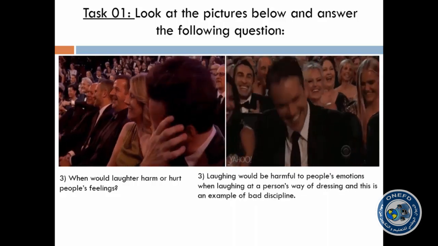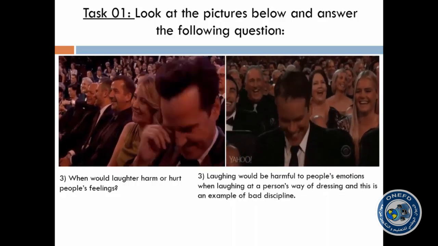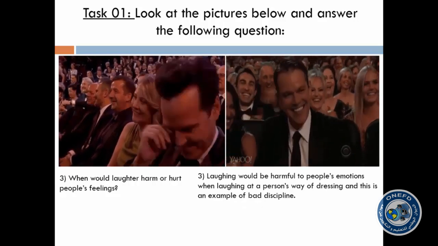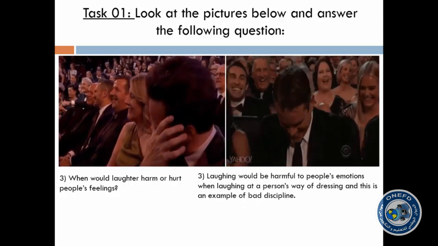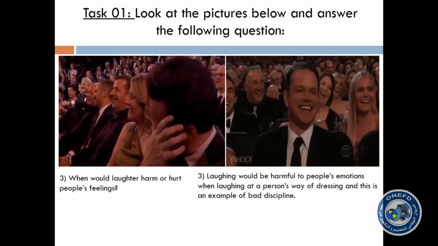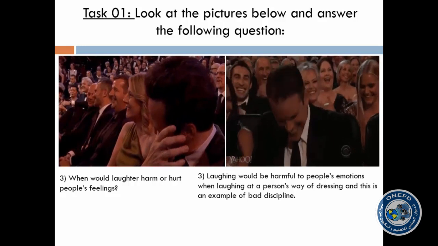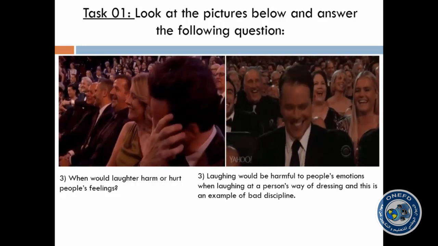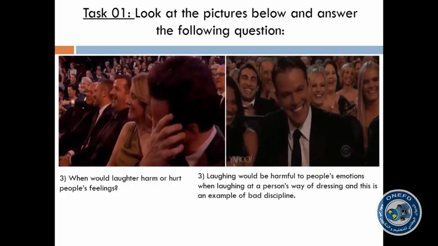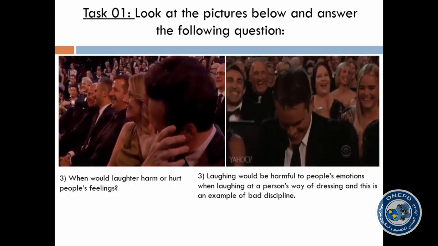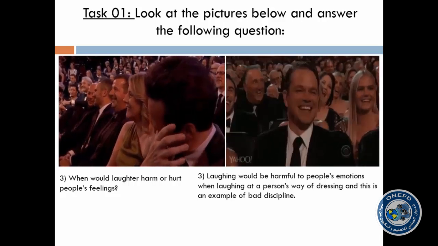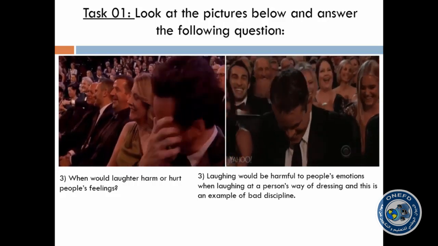Laughing would be harmful to people's emotions when we laugh at a person's way, for example, of dressing, and this is an example of bad discipline. If you laugh at someone's way of dressing, how they speak, how they walk, etc., it can be an example of your discipline, and this discipline is not good. It's bad. You are ill-mannered. You are not disciplined well.